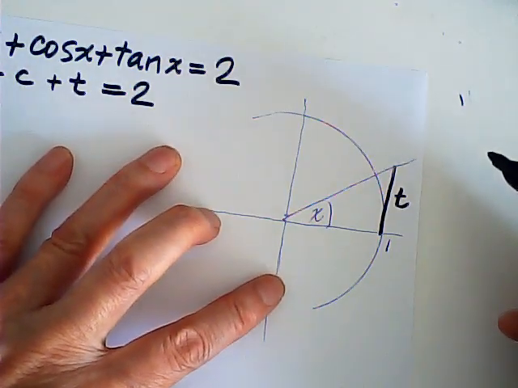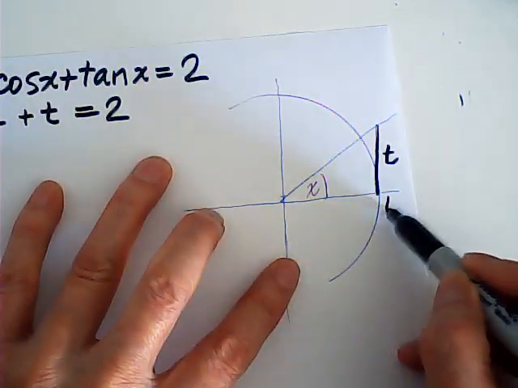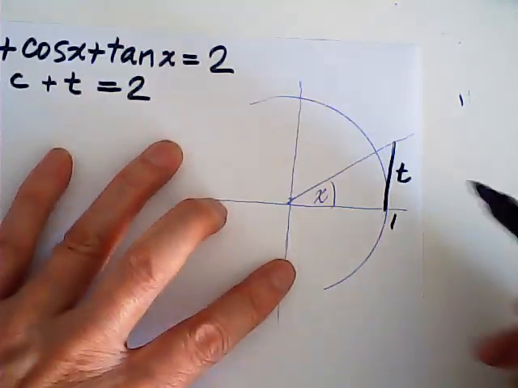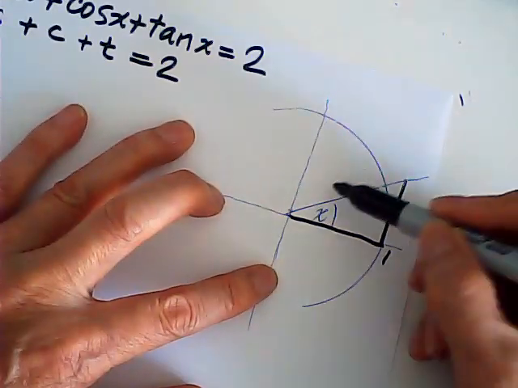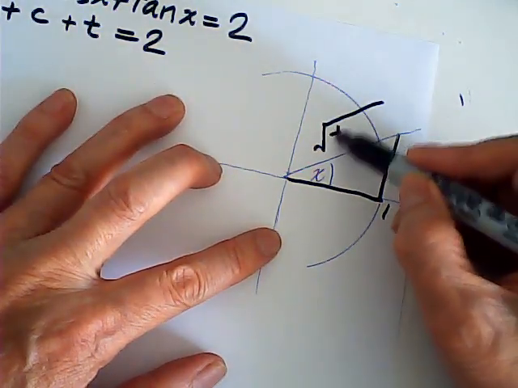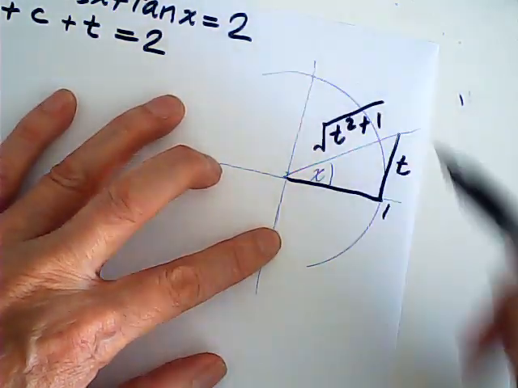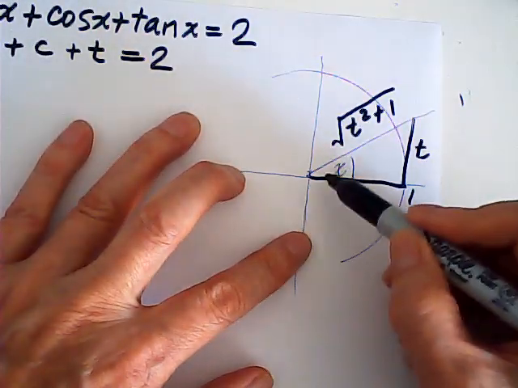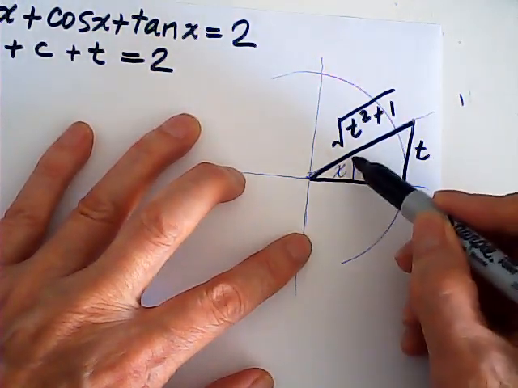And this is 1, right? Radius is 1. Therefore, this hypotenuse is equal to the square root of t squared plus 1. That's the hypotenuse. This is x.